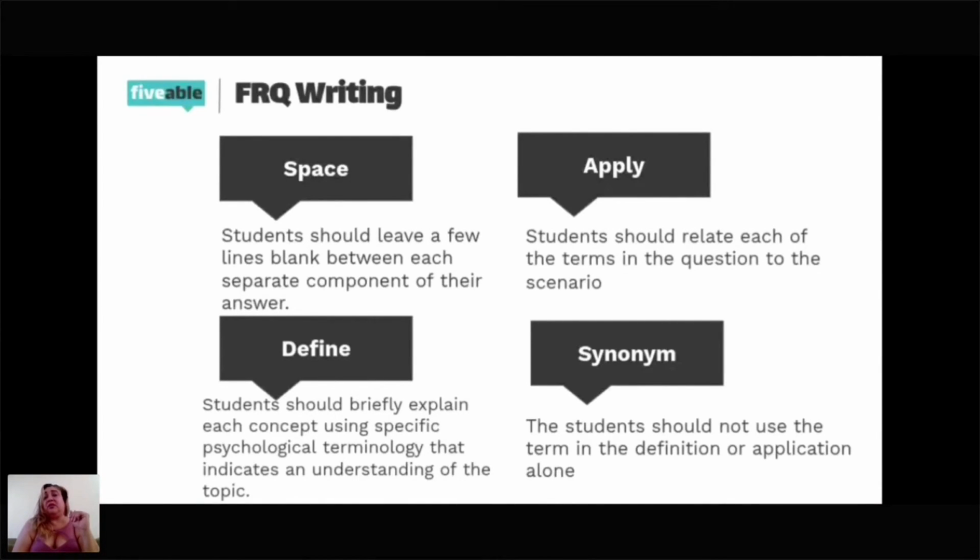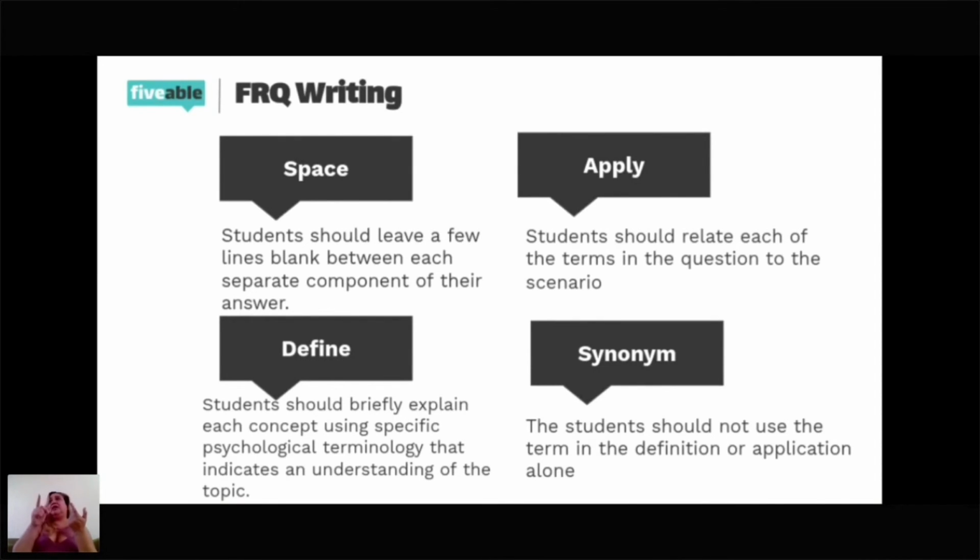Who's been able to apply a key term in 2 sentences in your FRQ? Anybody? I only say this because people are really uncomfortable with a 2-sentence paragraph. So putting the definition for the key term makes your paragraph a little bit longer, even if you don't need it.